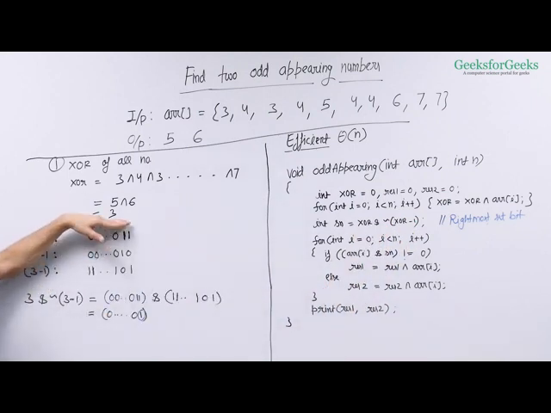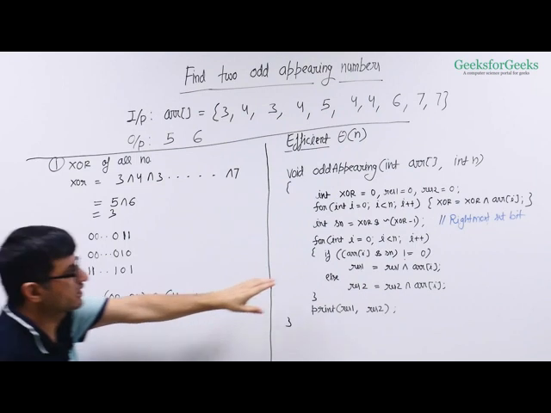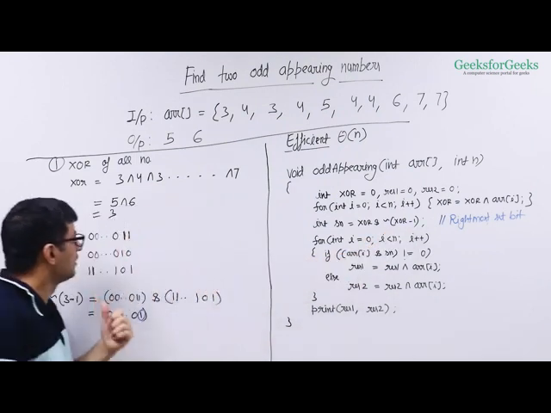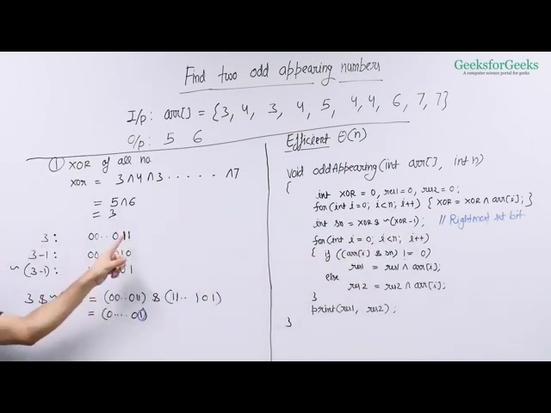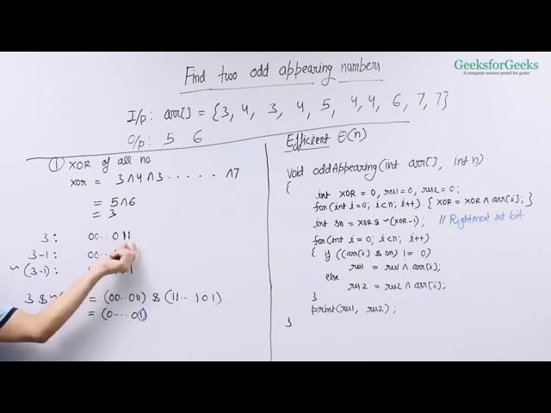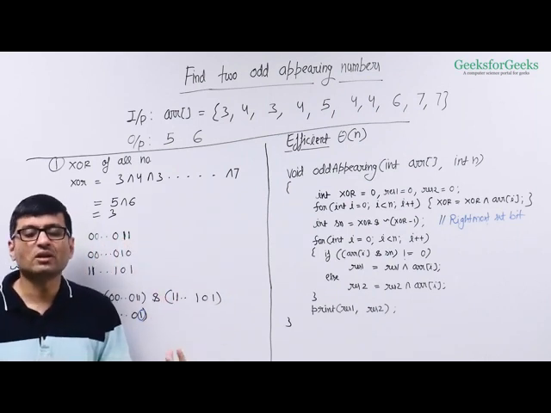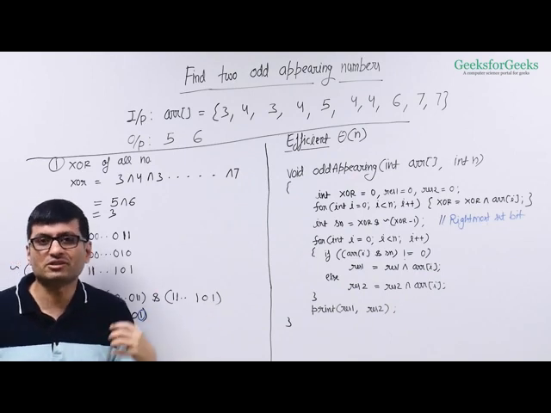So our XOR is 3, whose binary representation is this. Now we find 3 minus 1 first. You can notice that we have XOR minus 1 here, which is this value. Your last bit is turned off. In the case of 3, the rightmost bit itself is 1, but it might happen that there are zeros after it.